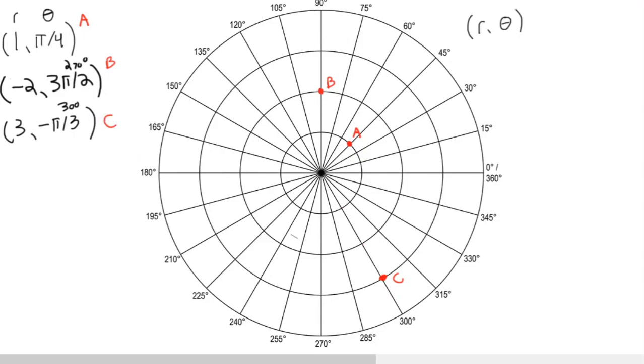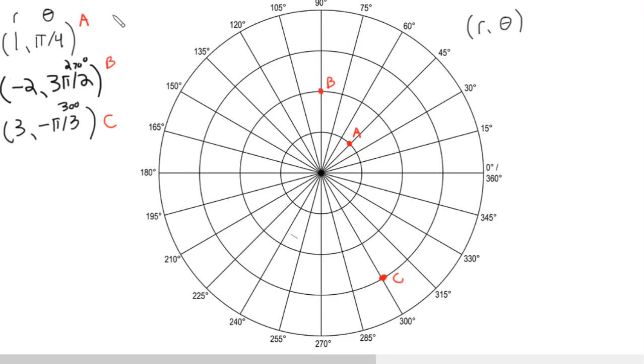And one more thing before we move on is that I want you to know that there's multiple ways to write these coordinates. In other words, I see 1 comma pi over 4, but what I'm really trying to stress here is that there's multiple ways to write the same point.